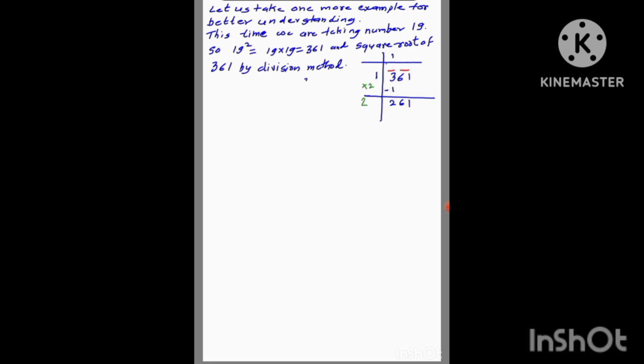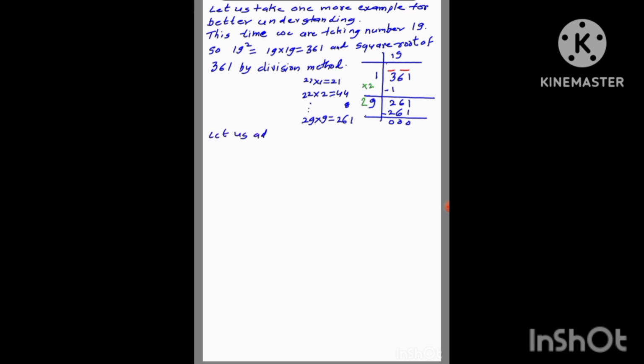You know, in this method what we do with this 2, 21 into 1 is 21, 22 you increase 1 and another digit by 1, like that you go. 29 into 9 is 261. So you see I'm writing it here. 19, 9, 29 into 9 is 261, and you're getting 0 0 0. So root of 361 is 19, you know that.